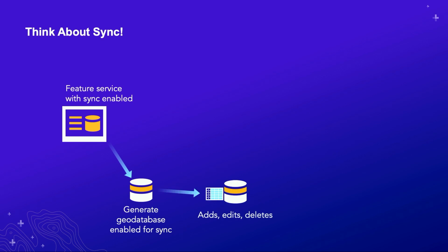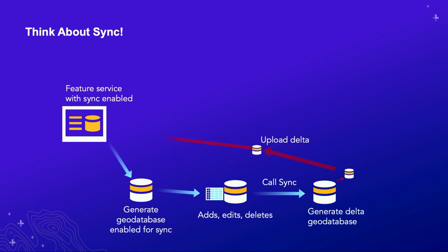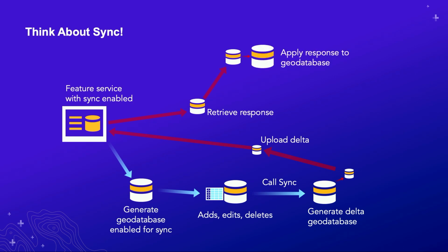We make edits to that database. We call sync, which creates a delta. We then upload that delta. If we're doing an upload sync, potentially download any changes that have happened on the server, and they apply to the geodatabase. So that's the flow of data, but there are various options during this process about exactly what happens when you perform sync. It doesn't have to do everything that was just outlined there.